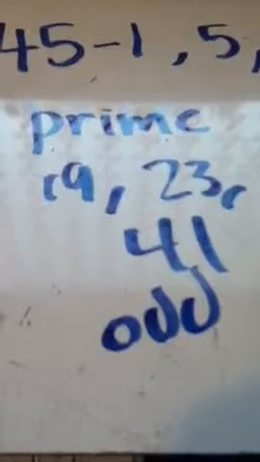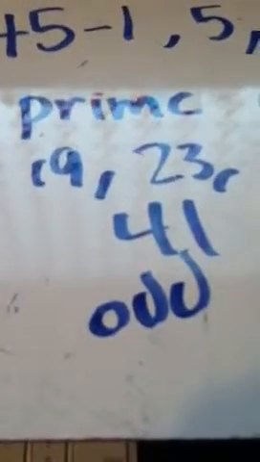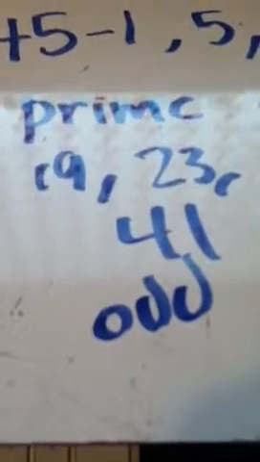And the reason why is because if you have an even number besides the number 2, it's always going to have 1, that number, and then 2. So, for example, if you took the number 6, it's going to have 1, 6, 2, and 3.